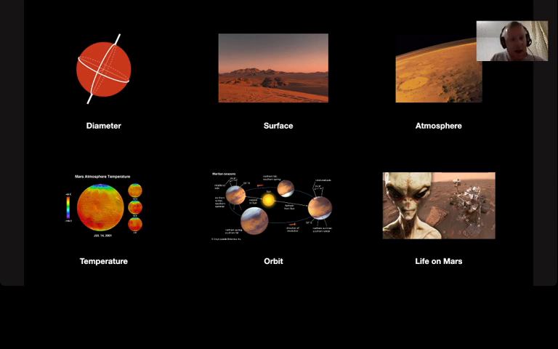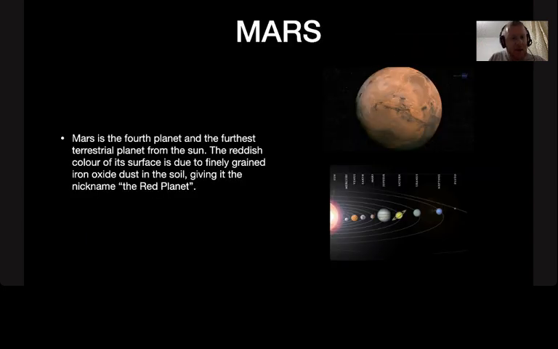Mars is the fourth planet and the furthest terrestrial planet from the Sun. The reddish colour of its surface is due to finely grained iron oxide dust in the soil, giving it the nickname the Red Planet, of course. What I mean is, the furthest terrestrial planet is the furthest rocky planet from the Sun.